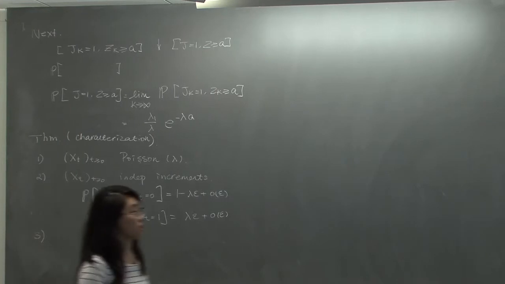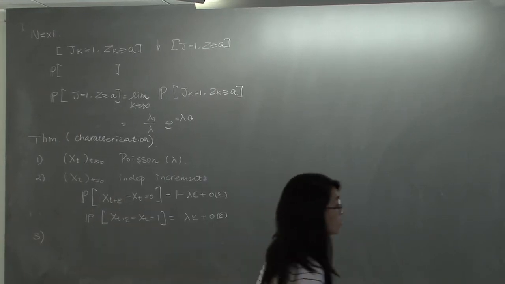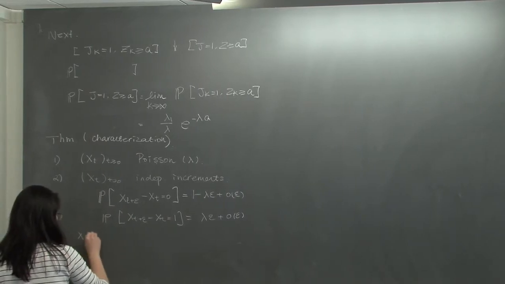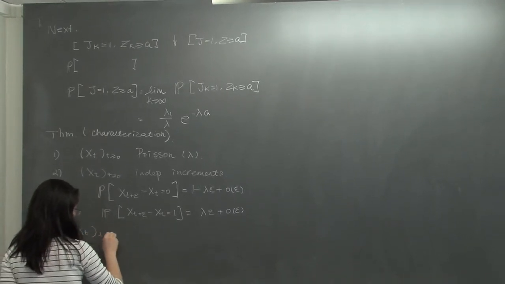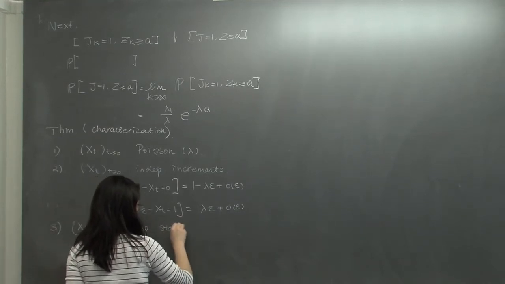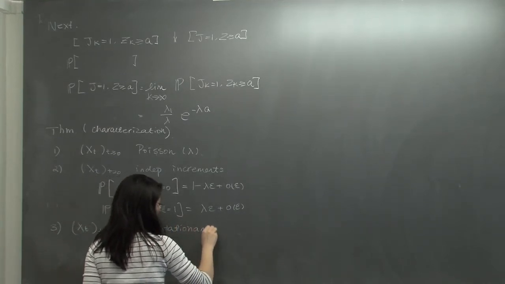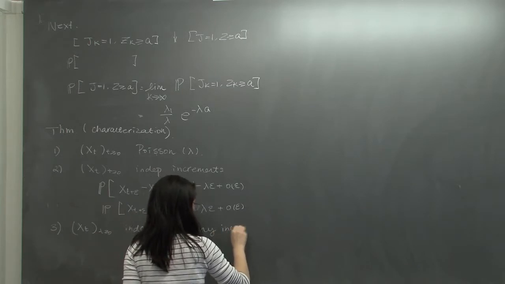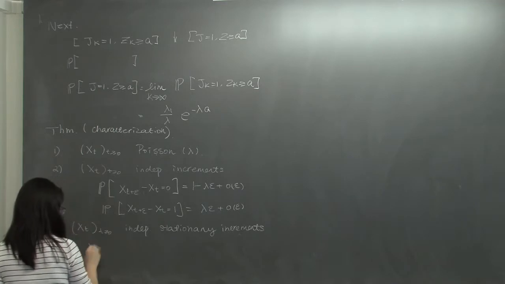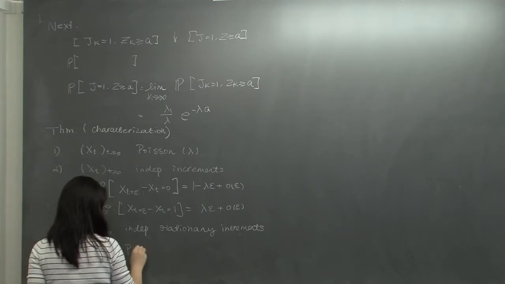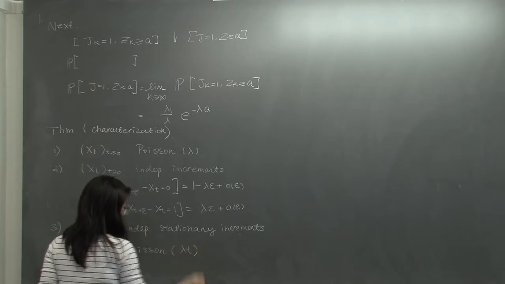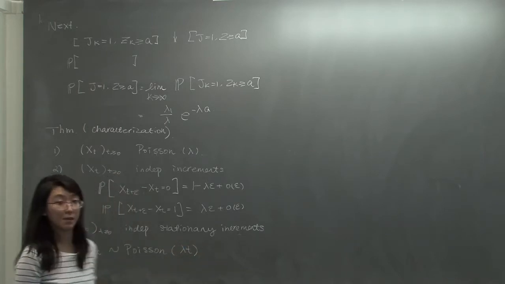The third conclusion is that Xt has independent and stationary increments, and we know that for each t, Xt has the law of a Poisson random variable with intensity lambda times t.